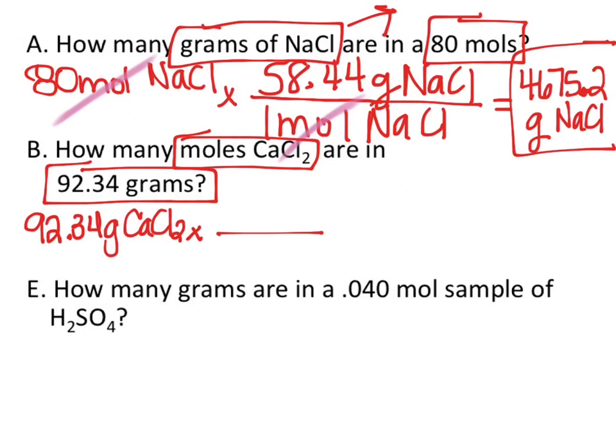We need to get to moles. So the only way for me to go from grams to moles is using what? What has grams and moles in it? Molar mass. So we need the molar mass of CaCl2. 110.98.